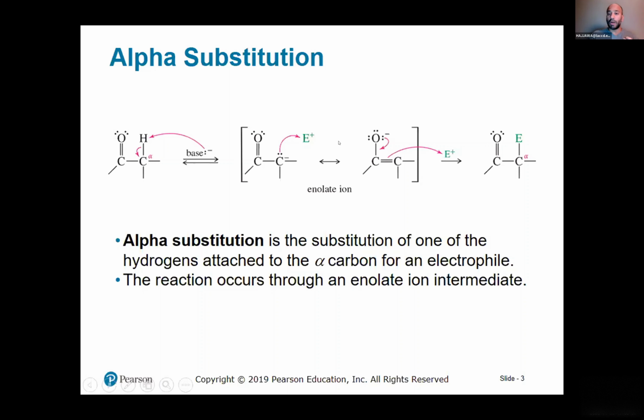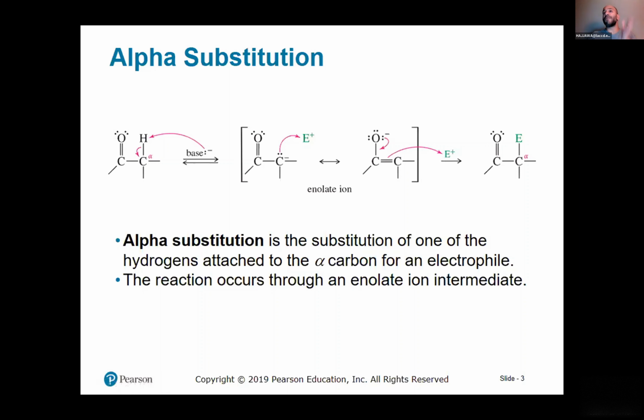So whether you look at this structure or that, the same exact term will be used, which is the enolate ion. And whether you use this one or the other to react with an electrophile, it doesn't matter. If you decide to use the carbanion, then the arrow pushing will go from there to attack the electrophile. If you decide to use this enolate, then the O minus makes a double bond, and then the C double bond C, that's where the electron density goes out of to attack the electrophile.